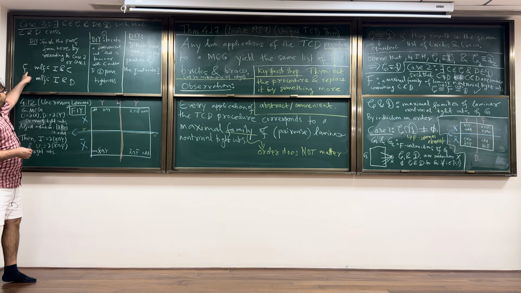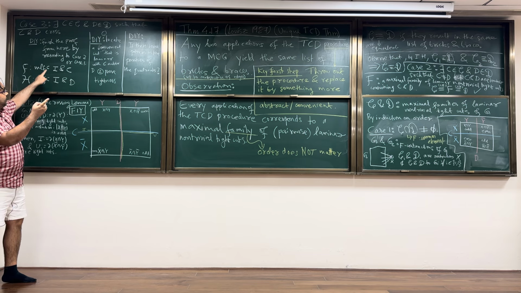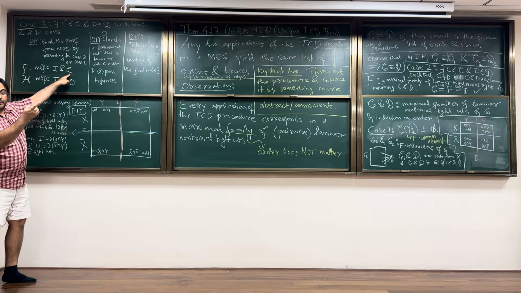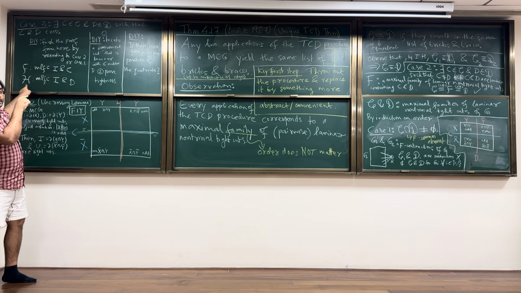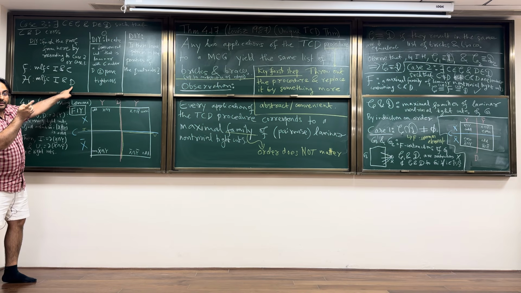Now script F and script C have a common element C. Therefore, they are equivalent by case 1. Script H and script D have a common element D, so they are equivalent by case 1 again.